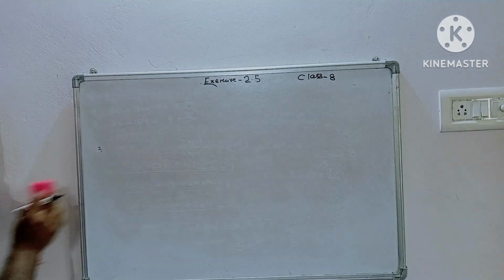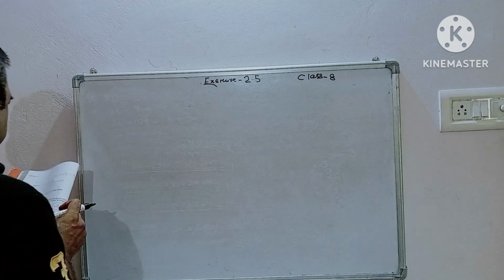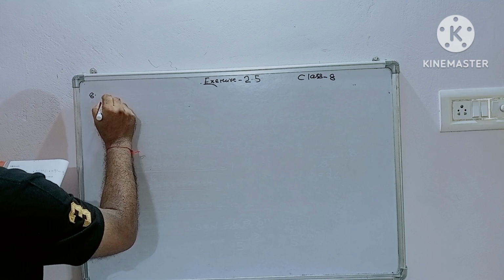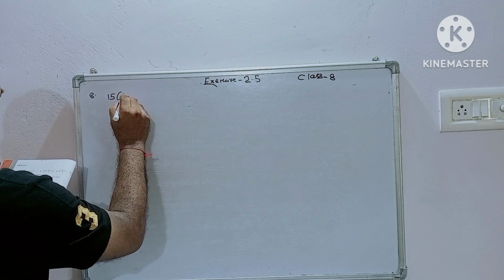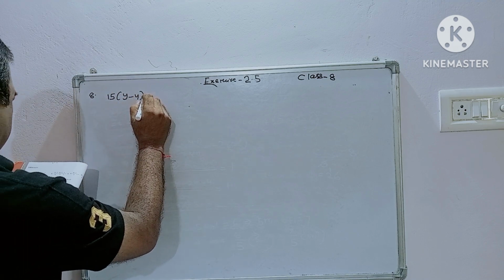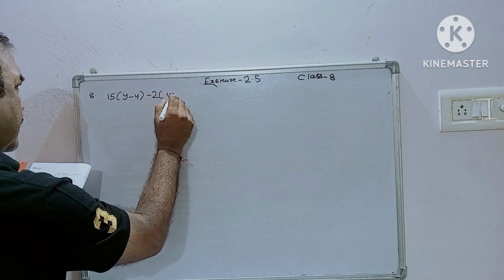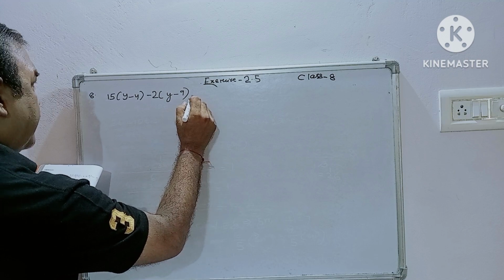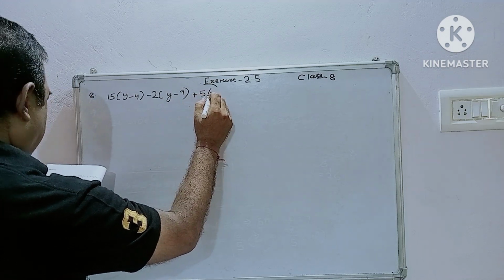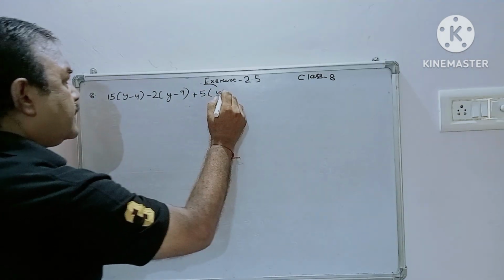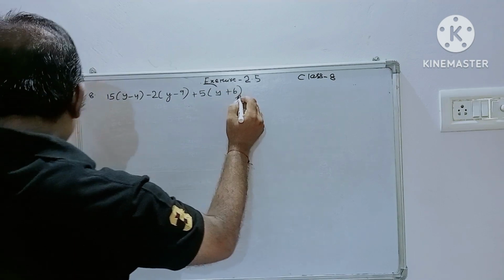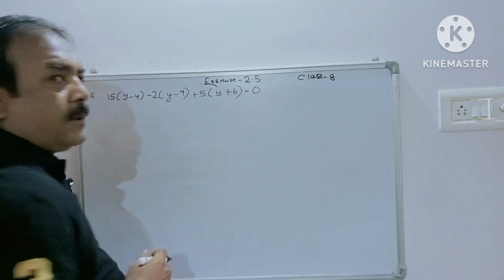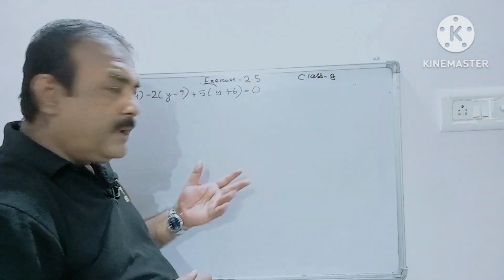So question number 8 is: 15 whole into (y minus 4) minus 2 whole into (y minus 9) plus 5 whole into (y plus 6) is equal to 0. And we have to solve this equation, okay?